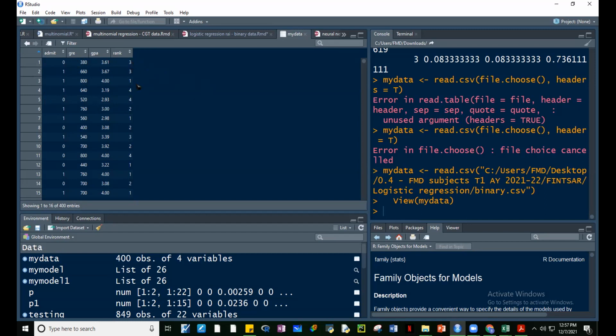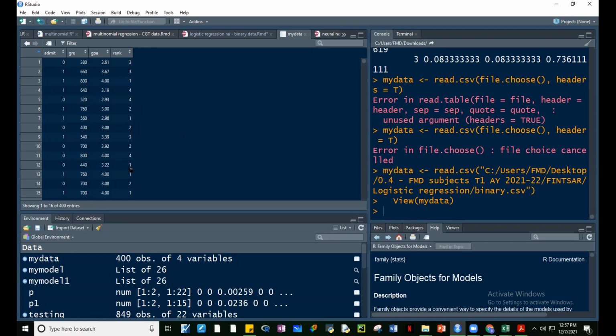The rank of the school, so they categorize the school, one being the best type of school, high Ivy League schools. Rank 2 will be the second best. Third will be medium, and then fourth, the lowest rank among the schools. So this university ranked the schools depending on where the student came from, giving it a rank of 1, 2, 3, 4.